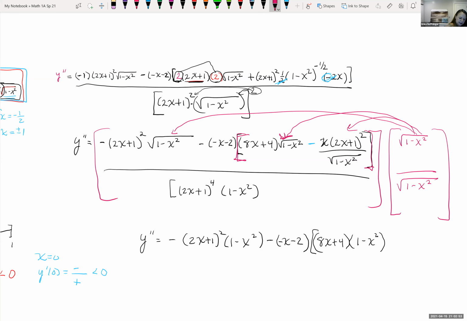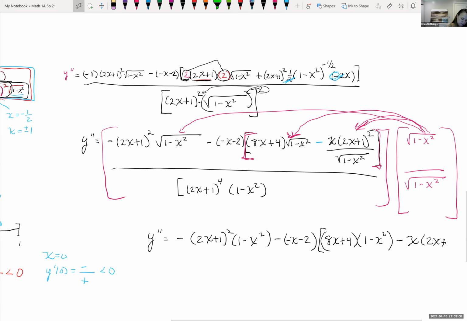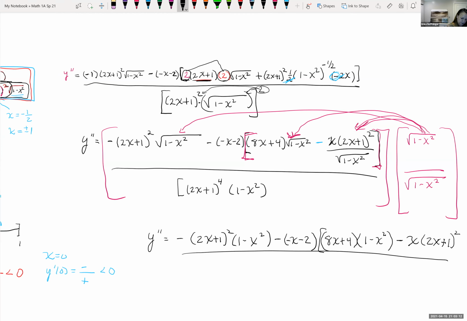When I distribute it to the second grouping here, the square root goes away, and I'm left with that minus x all times that 2x plus 1 quantity squared. All over our denominator. So 2x plus 1 to the 4th, 1 minus x squared times the square root of 1 minus x squared.